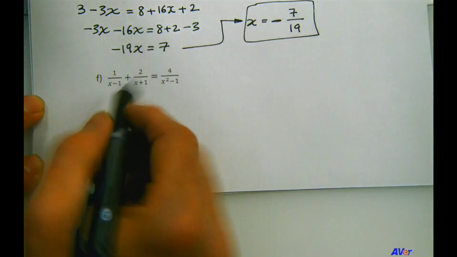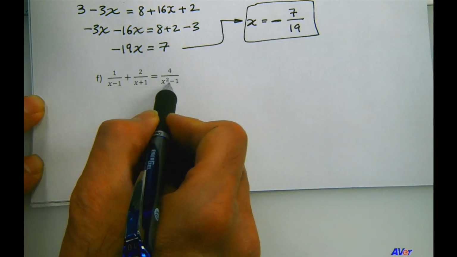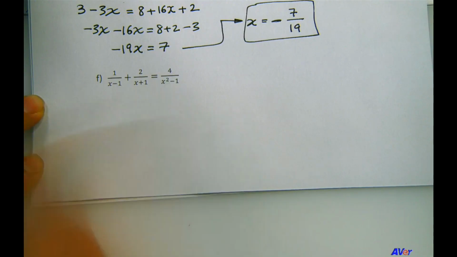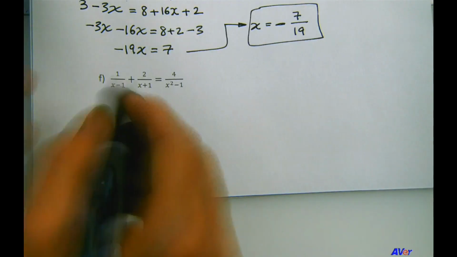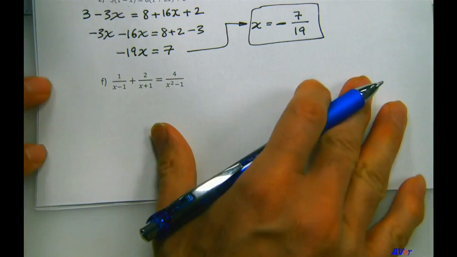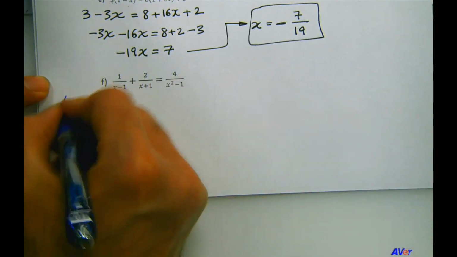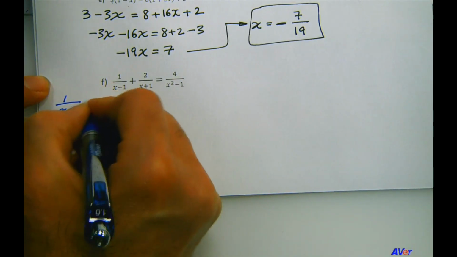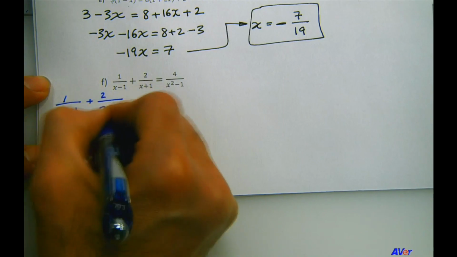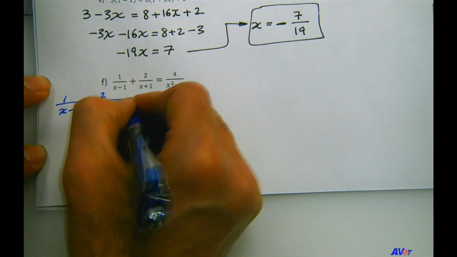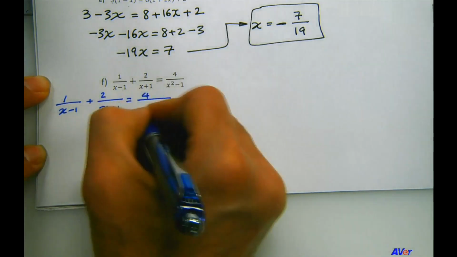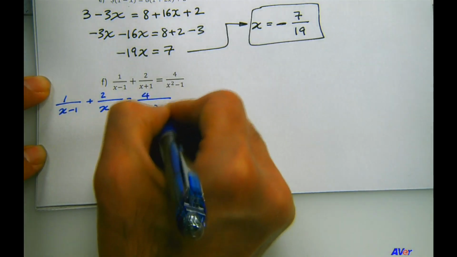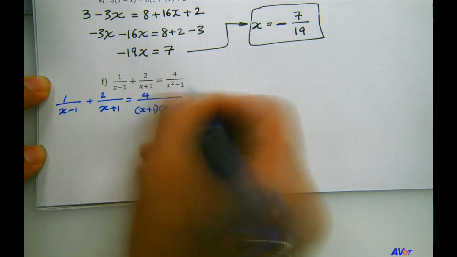To do that, let's factor out this denominator. If you do that, this is what we end up with. So 1 over x minus 1 plus 2 over x plus 1 equals 4 over x plus 1 times x minus 1.